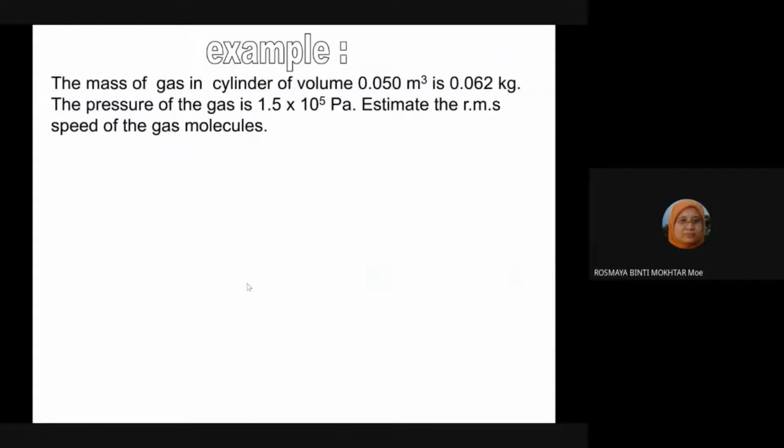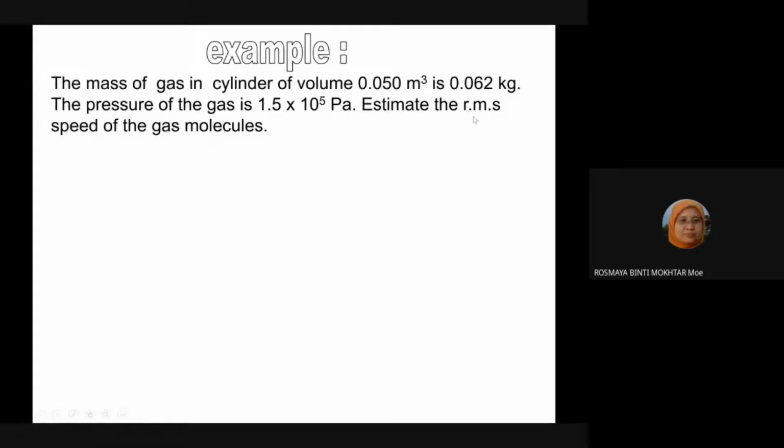Okay, so the first example. We read the question first. The mass of gas in a cylinder of volume 0.050 meter cube is 0.062 kilogram. The pressure of the gas is 1.5 times 10 to the power of 5 Pascal. Estimate the RMS speed of the gas molecules.